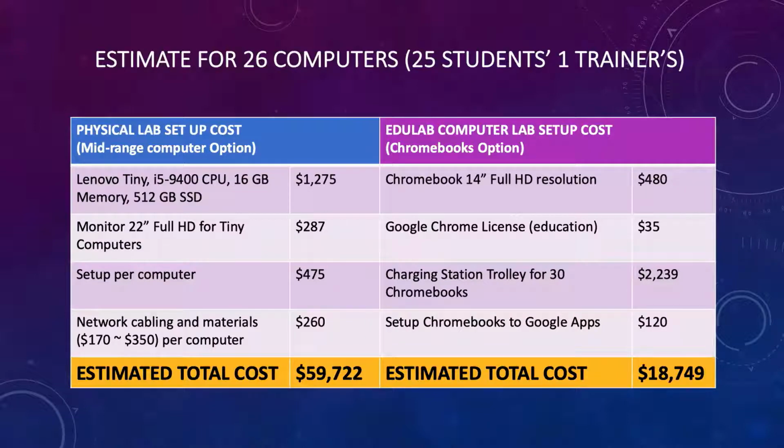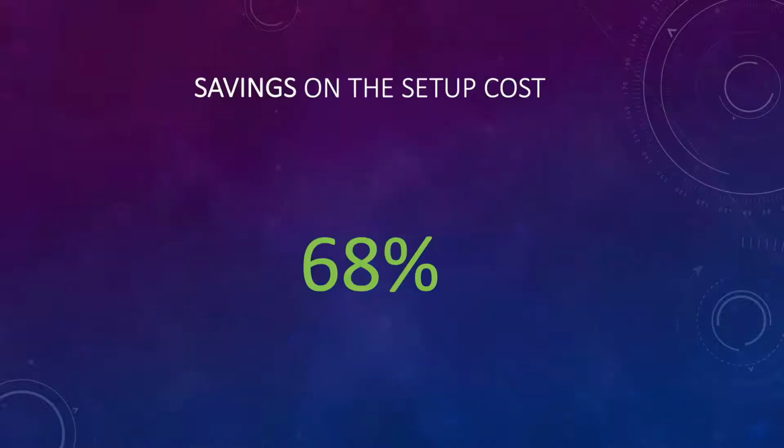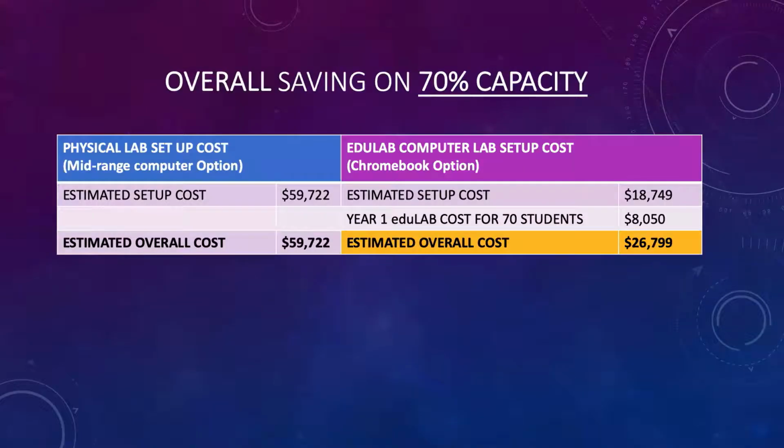So let's move forward. When you compare those two prices, you are saving up to 68% on setup cost, simply because you are able to use such a lower end computer when you have EduLab. But remember, EduLab comes with a subscription model. So here, let's say in the first year, you have EduLab for 70 students.